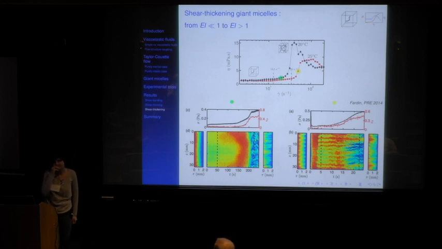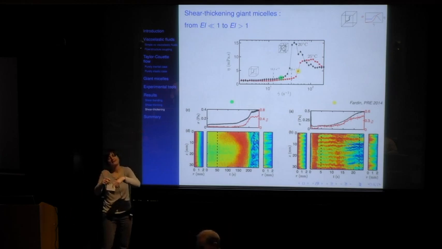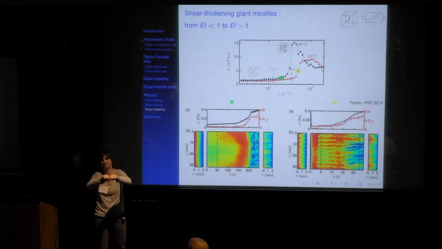I didn't understand one thing. Here, as a function of shear rate, you're going from something that looks dilute to something that looks entangled. What is the mechanism? It's unclear, but the idea is that you have some collision between the micelles and somehow you're promoting the elongation.